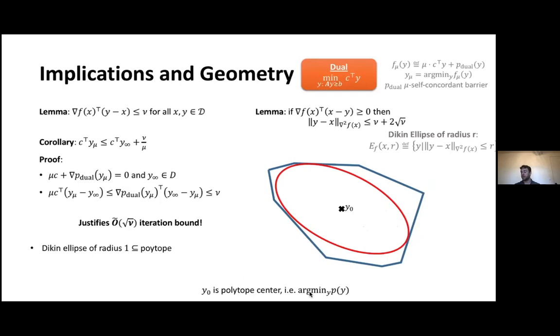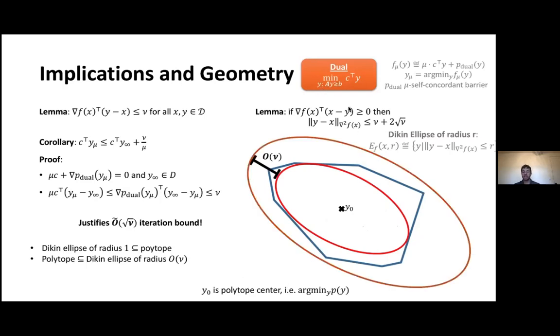All right. However, what does this lemma say? Well, note that if we're actually at the minimizer for the center of the polytope, where all we've done is minimize the barrier, we're at this point y naught where there's no contribution from the cost. The optimality condition is that the gradient of the barrier is 0.